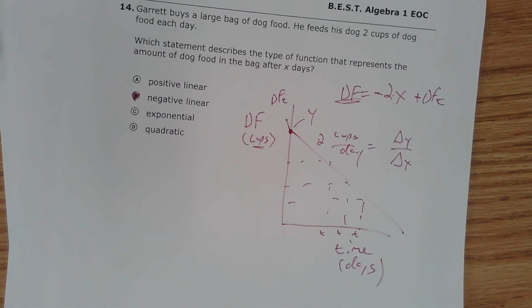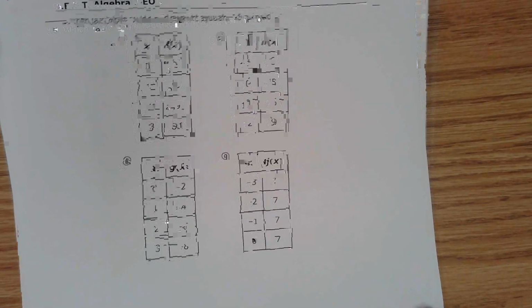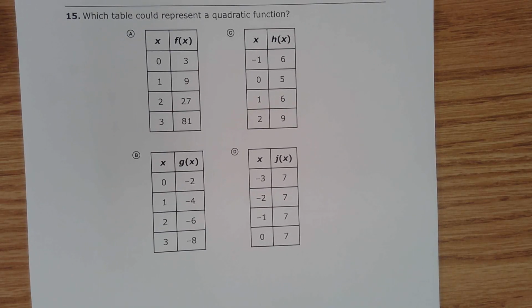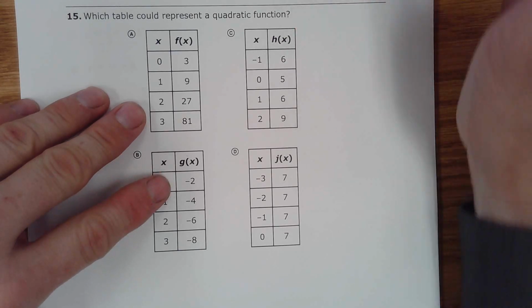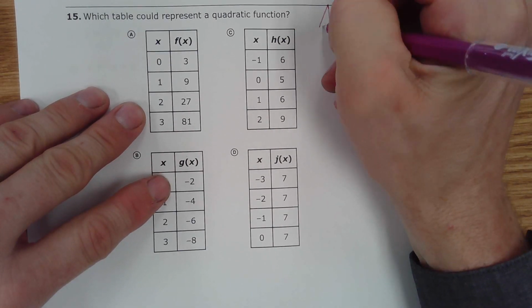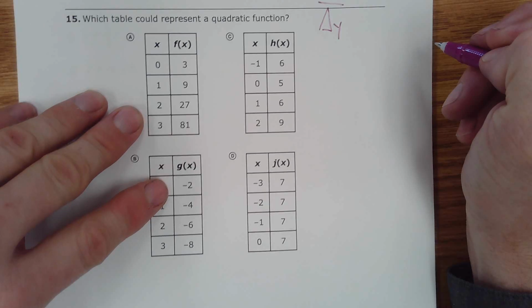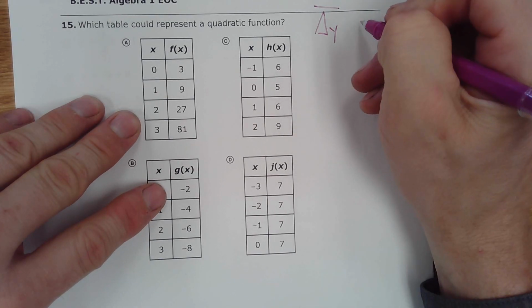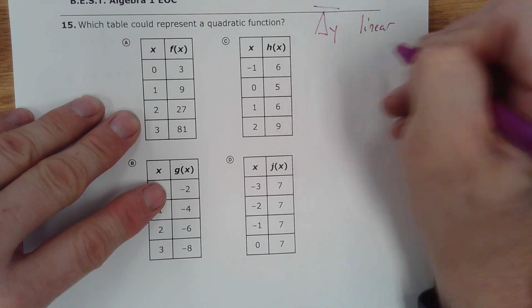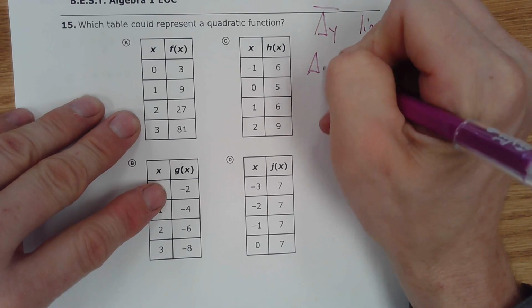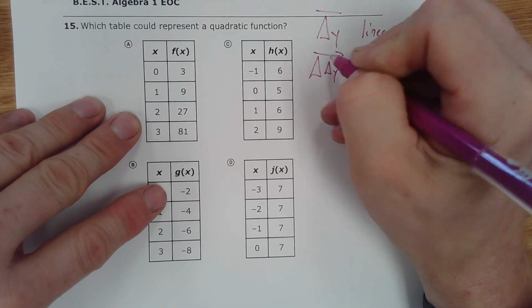And then finally, I have this one here, where it gives me 4 function tables. And it's like, hey, which one is a quadratic function? Remember, for linear functions, your change in y is constant. For quadratic functions, your second change in y is constant.